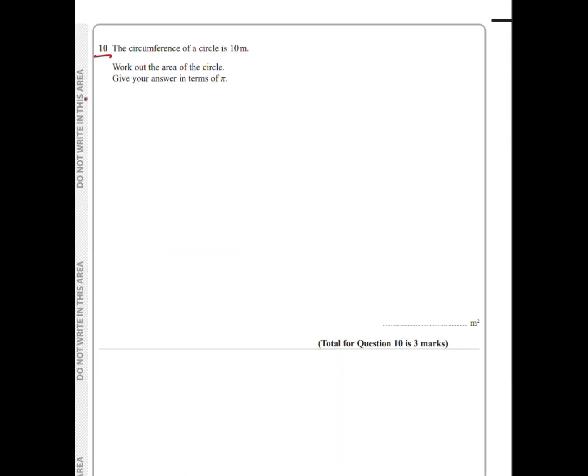We are doing question 10 today. The circumference of a circle is 10 meters. Work out the area of the circle. Give your answer in terms of pi. So circumference is given by 2 pi r, right? We can just write it as circum so that we don't have to write the full form.